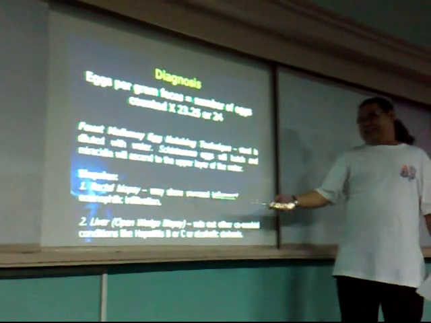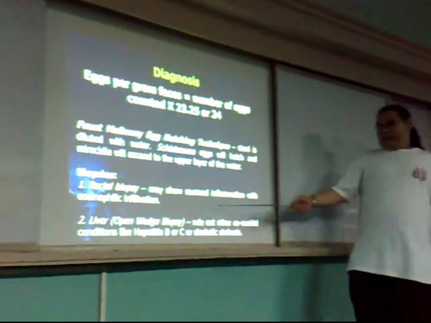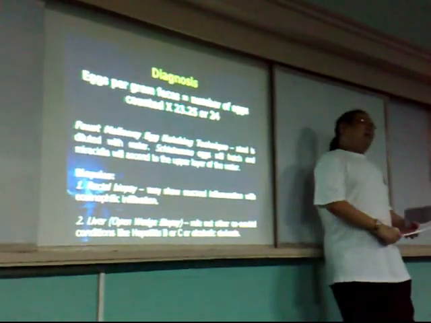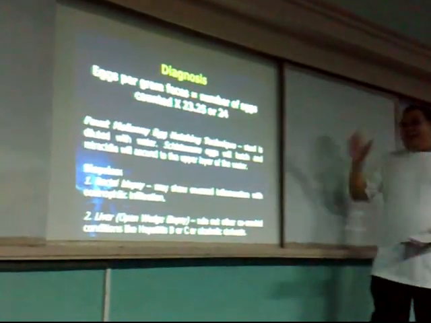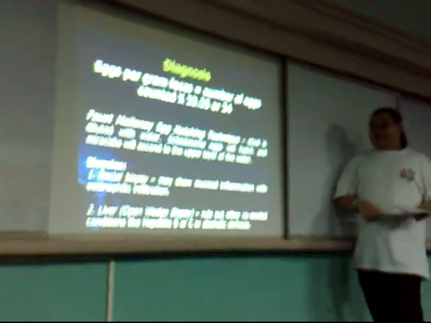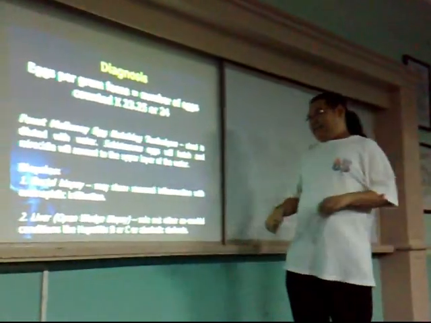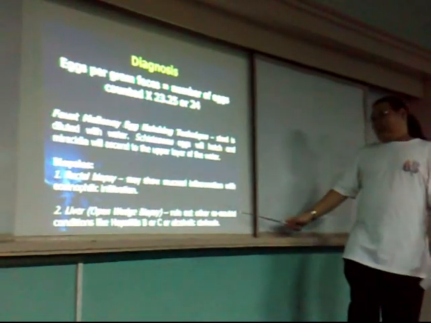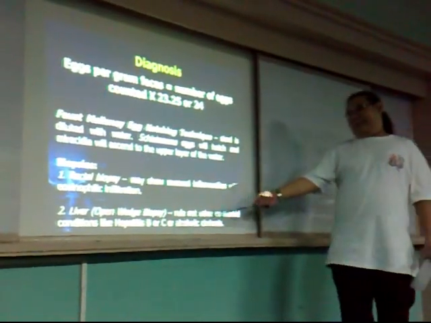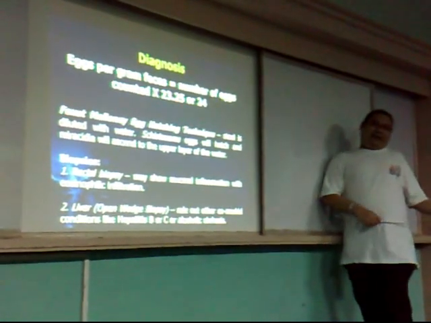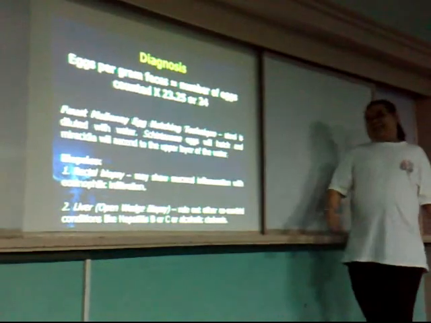It may show inflammation and eosinophilic infiltration, so histopathology is performed here for pathological processes. And liver open wedge biopsy to rule out common conditions like hepatitis B or C or alcoholic cirrhosis. Remember that co-infection may exist because of these diseases.